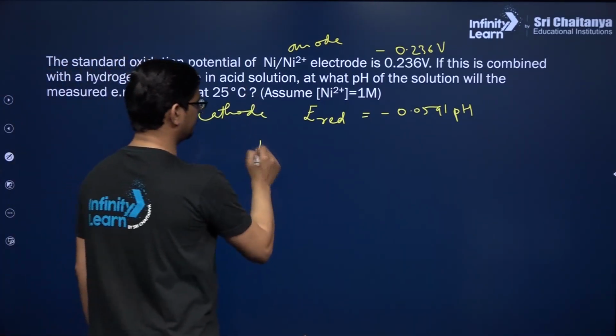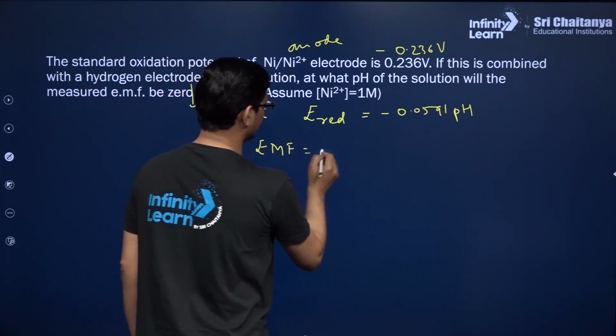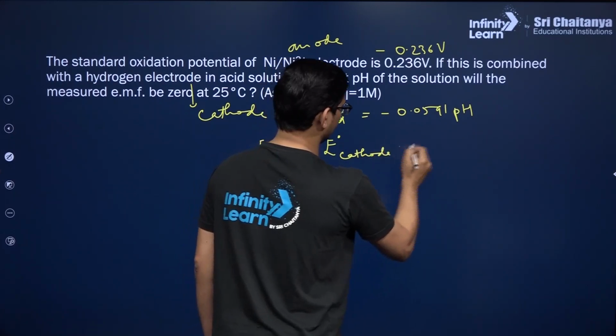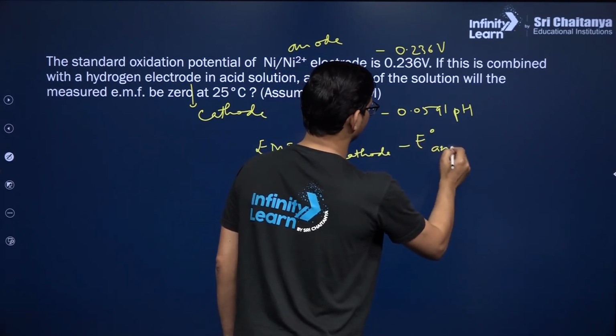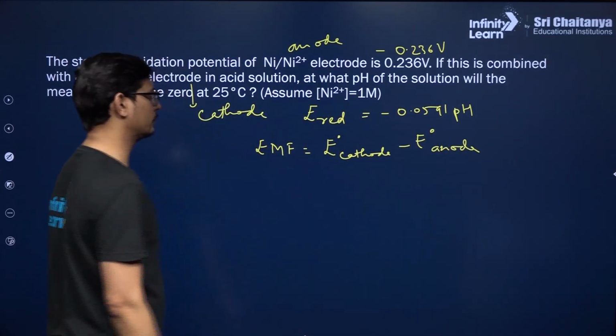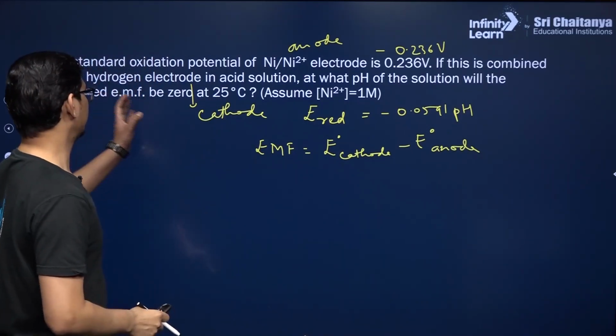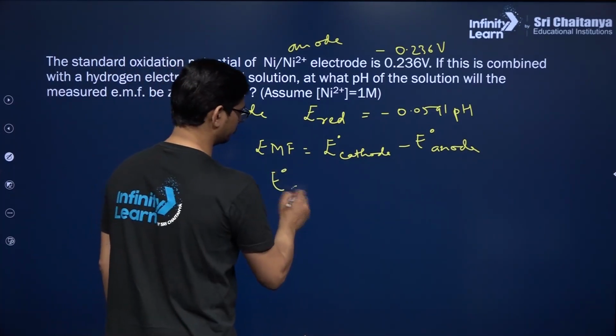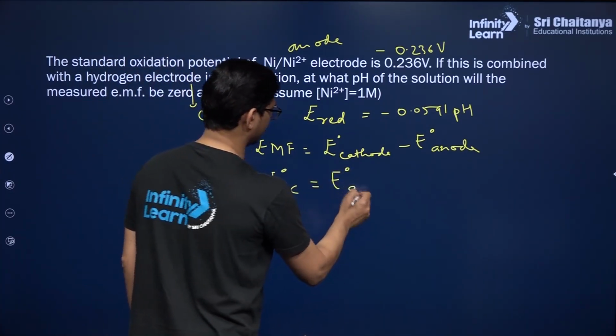So EMF, we know it is E naught reduction, that is E naught cathode minus E naught anode, right? We want the EMF to be 0, that is E naught cathode equal to E naught anode.